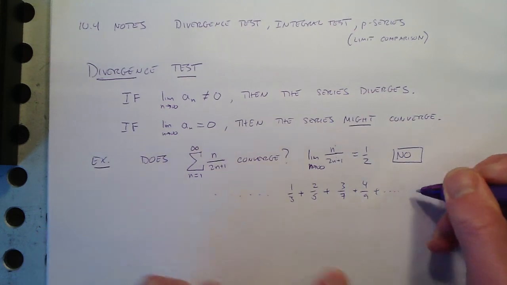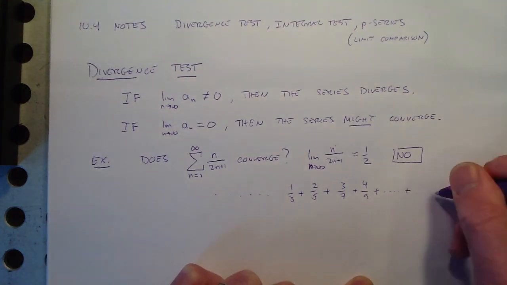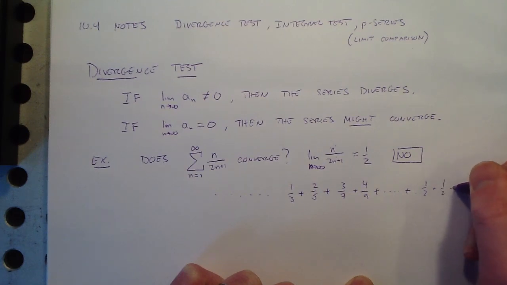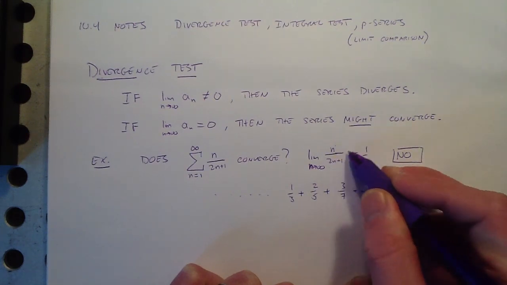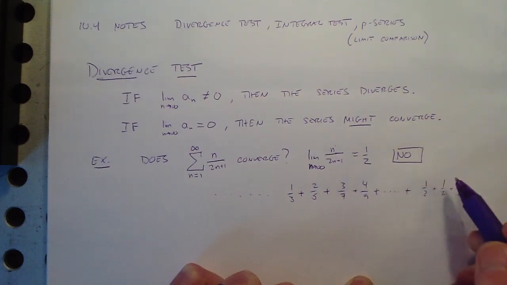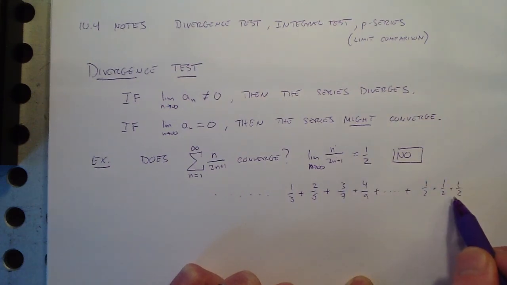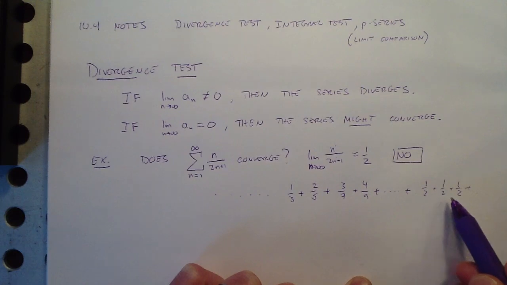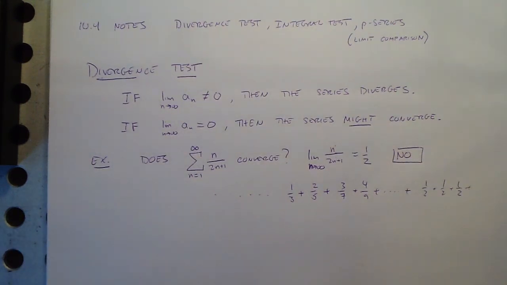As you go way out in the series, you get things that are really close to 1/2. They're not actually equal to 1/2, but as n gets really big, the 1 fades off into obscurity and doesn't make much of a difference. If you keep doing that forever, clearly this is not going to add up to something if you keep adding 1/2. It's going to keep getting bigger and bigger. So it diverges. It failed the divergence test. So that series diverges.